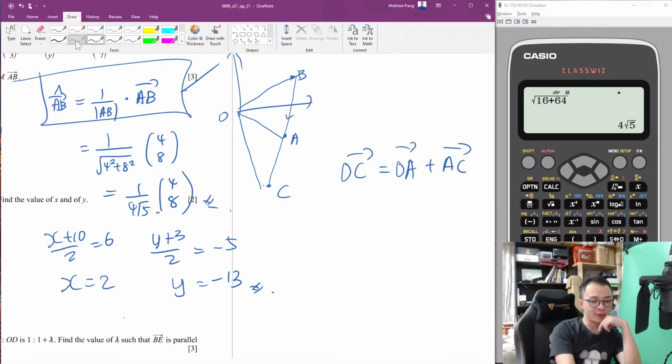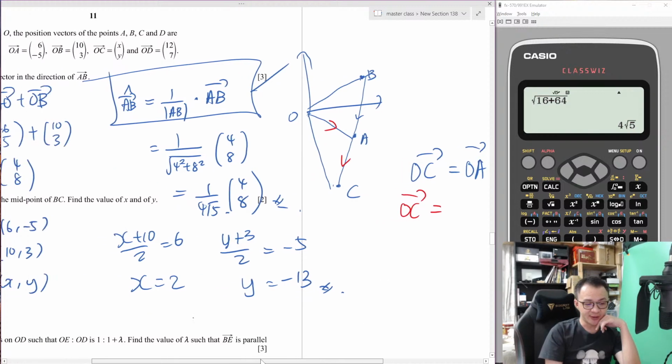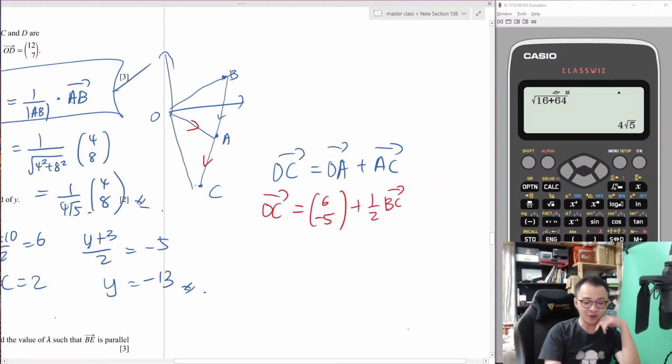So yeah, you can do it like this, because I want to find the OC. So OC equals OA, and OA is 6, -5, and AC will be half of the BC. Then I will just try to solve here.